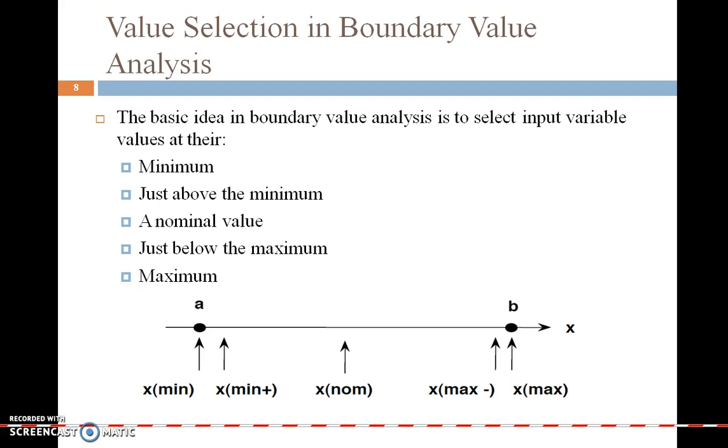It can be 5, 6 or anything. One more value is just above the minimum, that is 1, and just below the maximum is 9. So these are the 5 values for a particular input. I have to consider these 5 values for designing my test case.